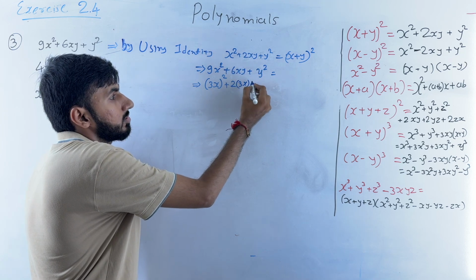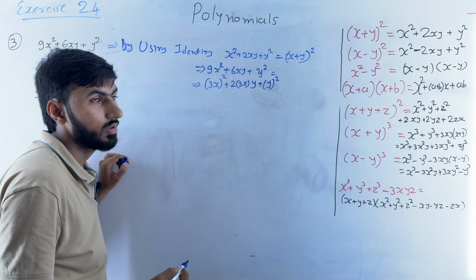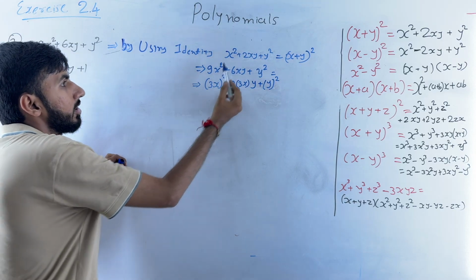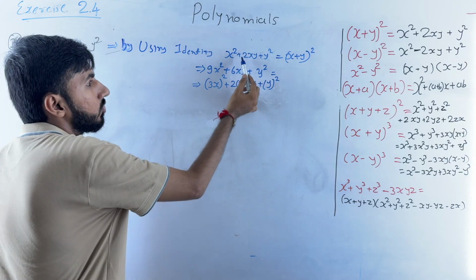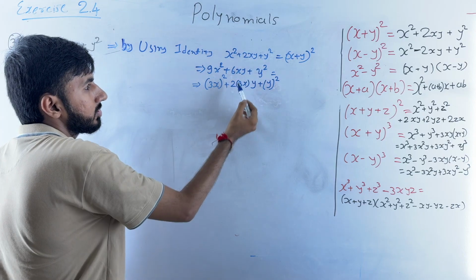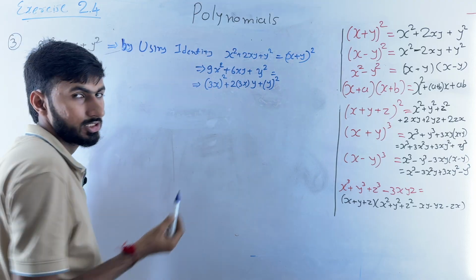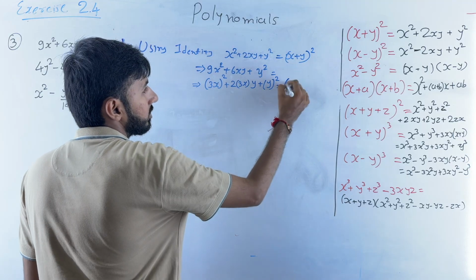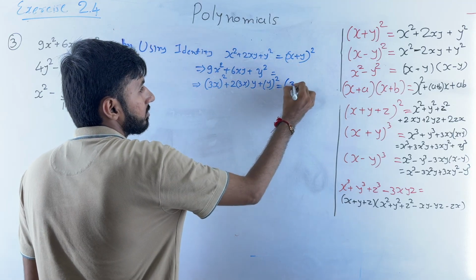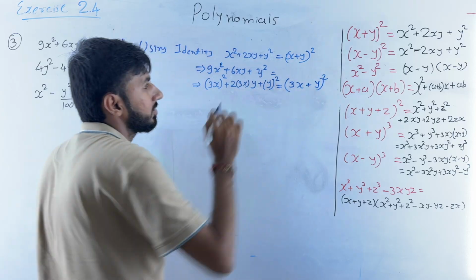Now y means last term, so I have to write y as it is, and last one will be y square, right. Now you can see that 3x square is first term square, 2 multiply first term 3x multiply last term y, and lastly last term square y square. So you can write the answer as (x + y) square. So my first term is 3x, my last term is y only, so my answer will be (3x + y) square, right.